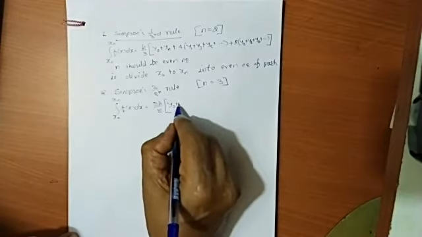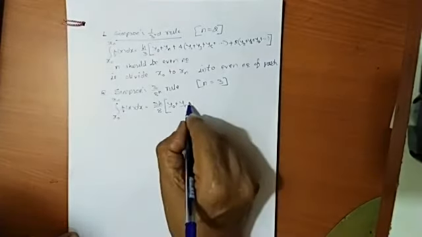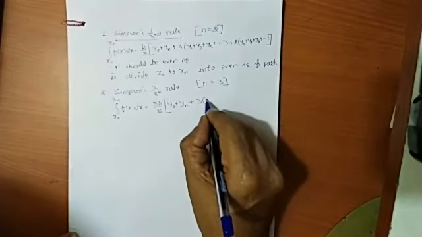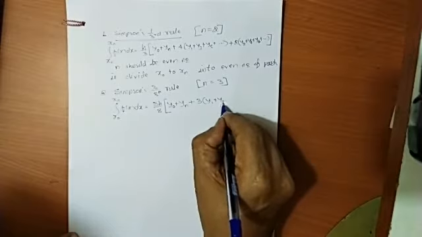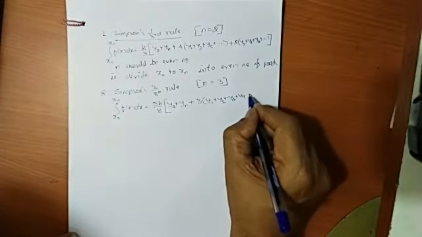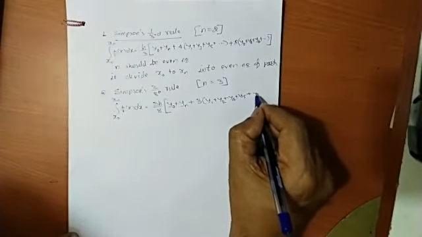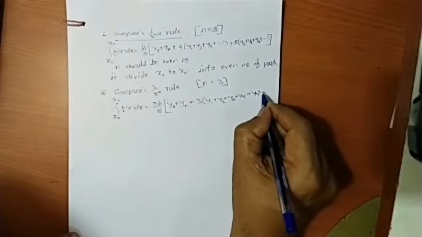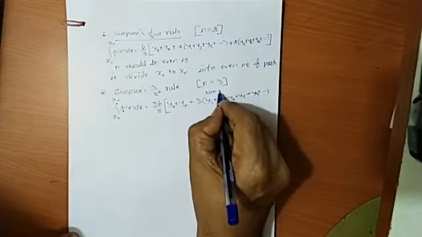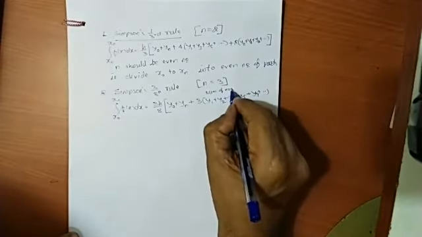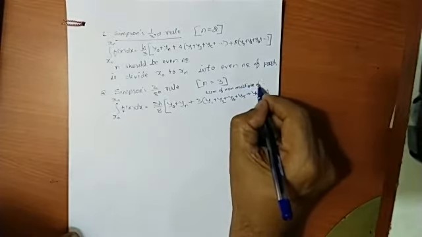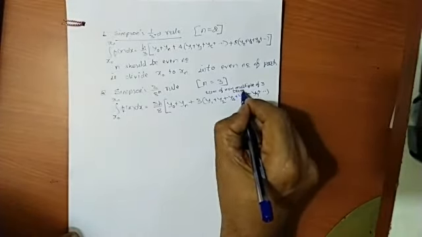So the rule is y0 plus yn, the first term plus the last term, plus 3 times y1 plus y2, y3 is not there, y4 plus y5, y6 is not there, and so on, that is y7 plus so on. What I did is 3 times the sum of non-multiples of 3 terms.